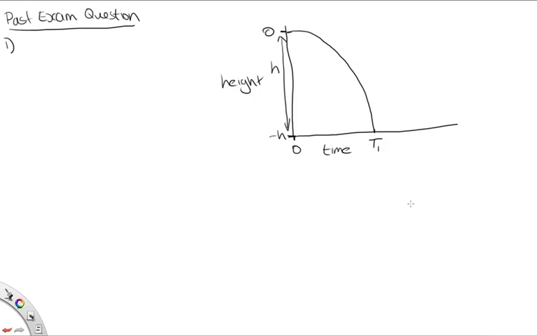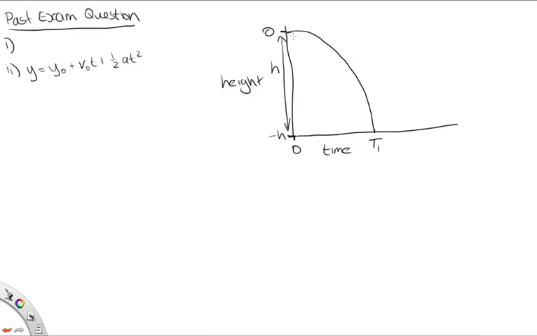Part 2 says show your working, relate the depth h to t1 and other relevant constants. Well, the position of the stone is given by y is equal to y0 plus v0 t plus a half a t squared.